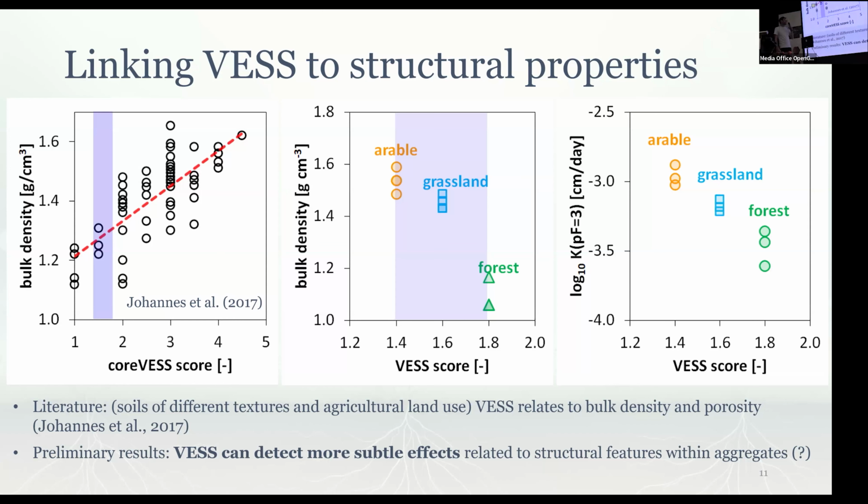And if you look at the plot in the middle, which is what we observed, it's actually quite different: the higher the VES score, the lower the bulk density.